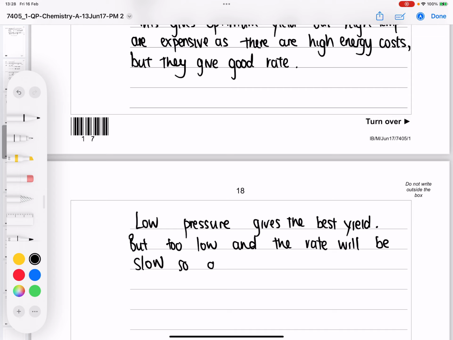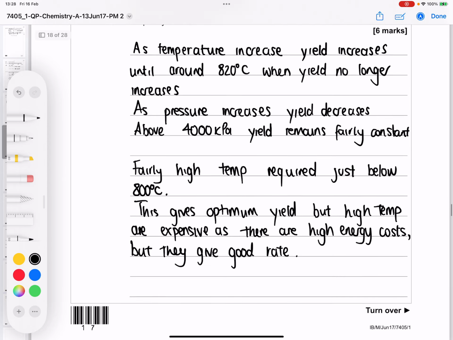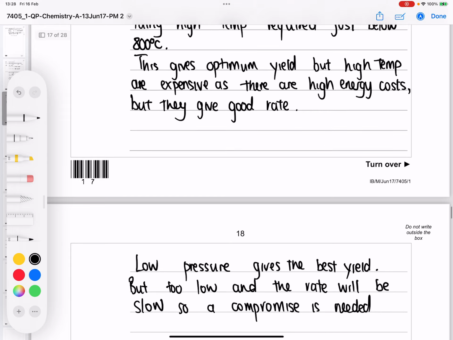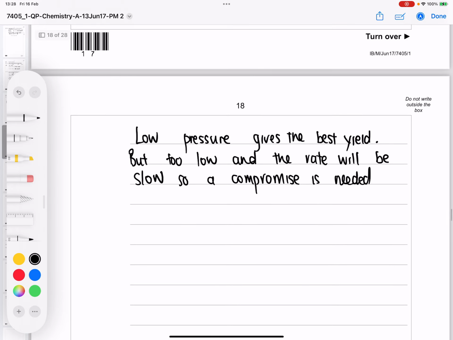So a compromise may be needed. And if we go back to the graph, maybe we want somewhere between 1,000 and 2,000 kilopascals.